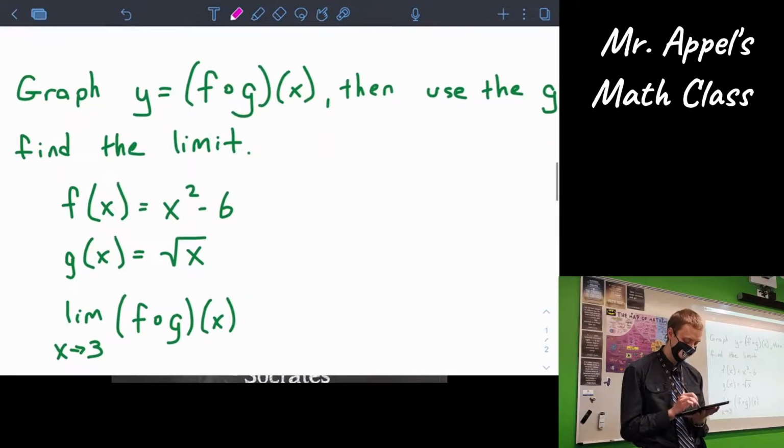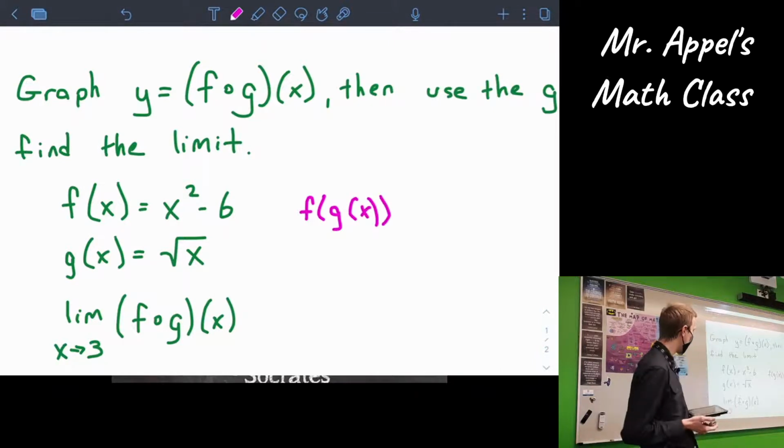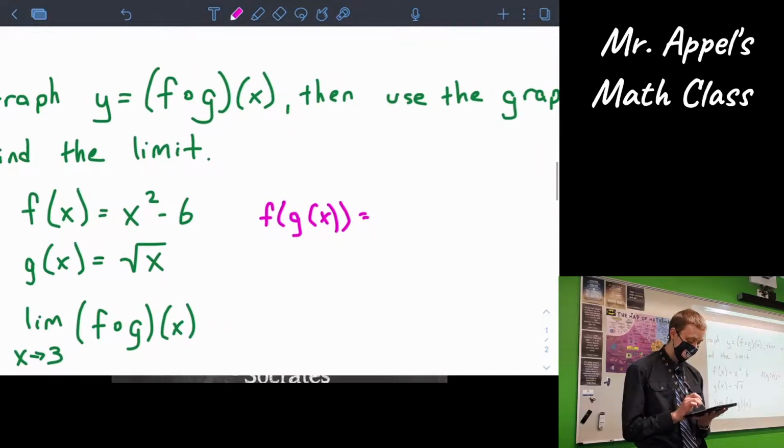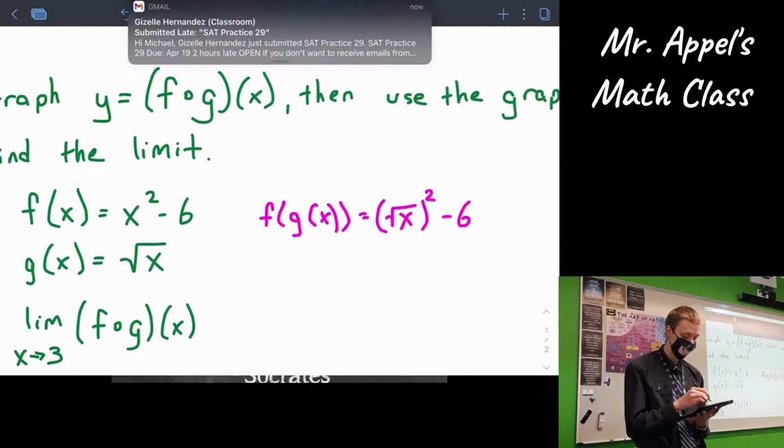What if? Okay, so f of g of x, another way of writing that would be, let's at least get the compound function written out here. We're going to need that anyways. So that would be, start with f. Anytime you see x, replace it with all of g. So we have square root of x, all squared, then subtract 6.